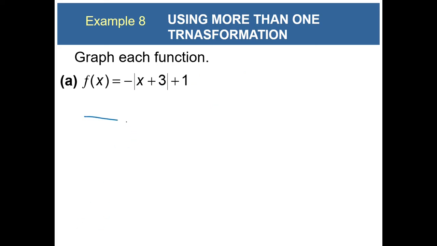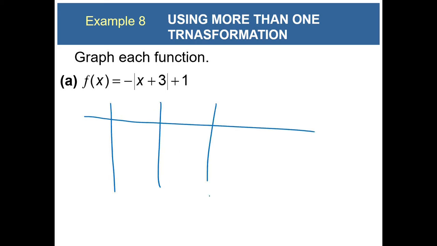So let's create a chart of different sections of the graph. We'll start by listing some values of x: negative 2, negative 1, 0, 1, and 2. And here I'm going to work my way from inside to out, just like the order of operations. I'll start with x plus 3.